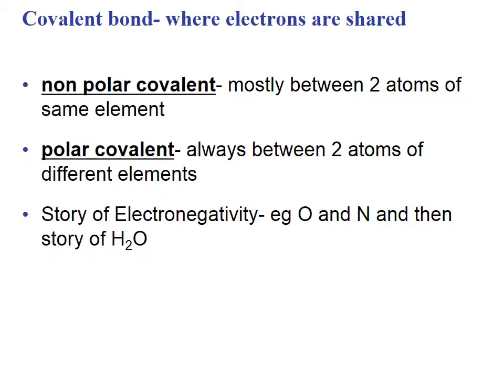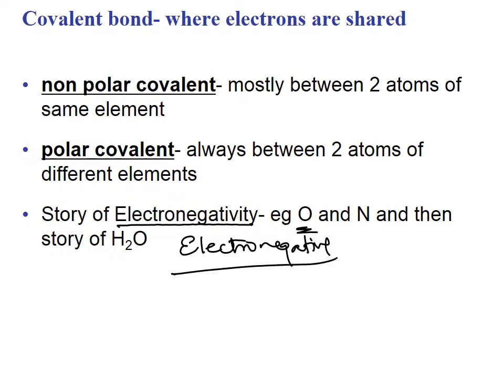Now, there are two examples with which you can understand this particular kind of bond. Let's take the example of oxygen. First and foremost, oxygen is electronegative, meaning capable of attracting electrons.